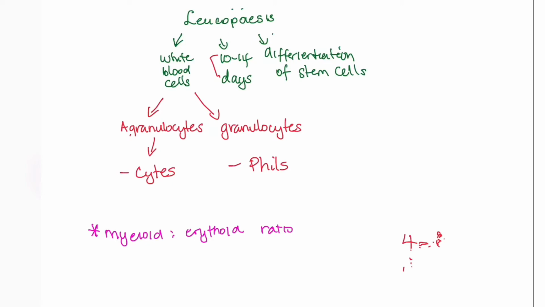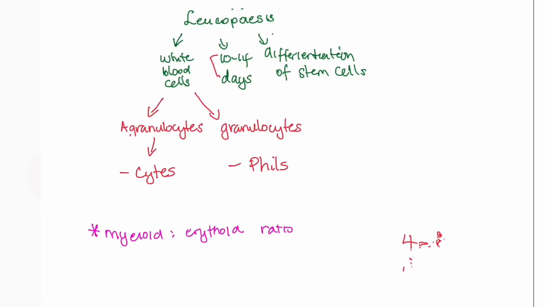Now because the process of erythropoiesis is shorter than leukopoiesis, we will expect a lot more red blood cells being produced as opposed to white blood cells because of the timing. However, because the process is longer, you will find that more of the white blood cells will be in the process of differentiation.